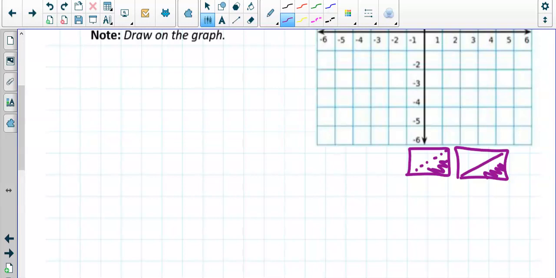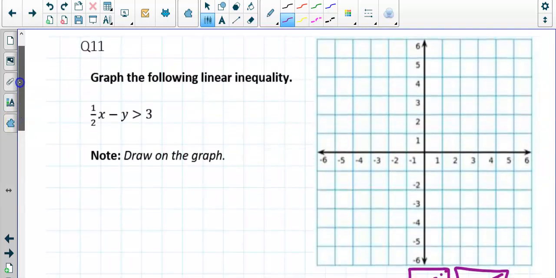All right, so up here, in order to graph this, what do we have to do first? Because this is no bueno right now. You got to get the y by itself. In order to use our calculator, we have to get that y value by itself. How do I start to get y by itself?